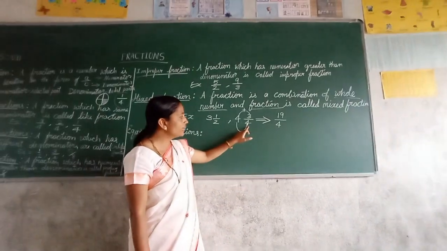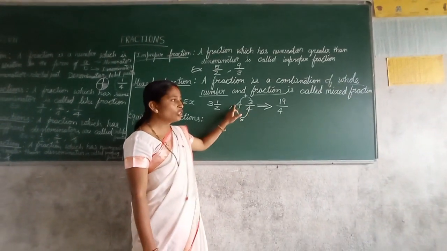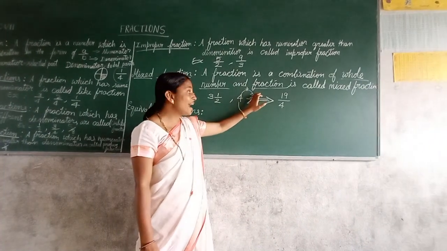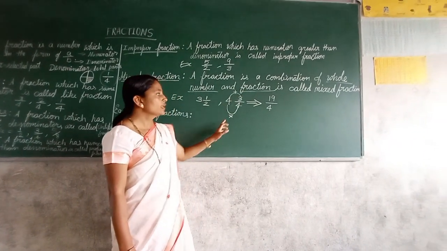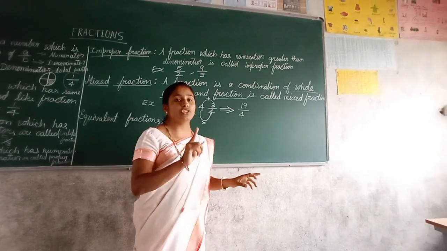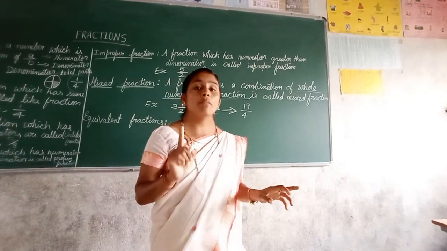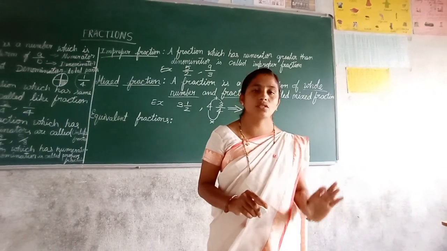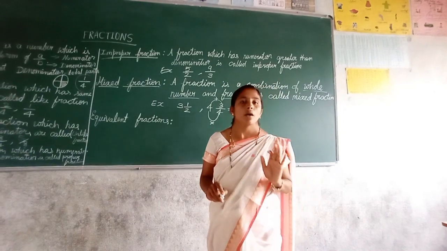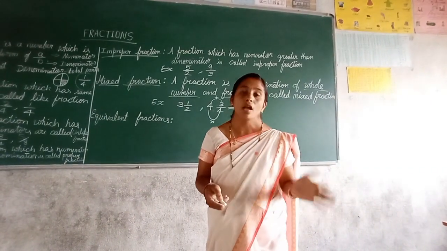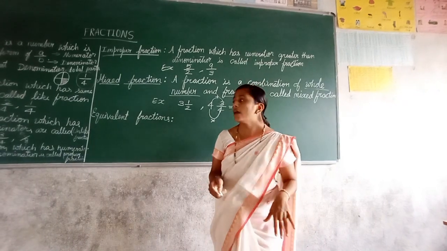You multiply with the whole number, to that product you add the numerator, then you write it, but the denominator never changes. Why will the denominator never change? Because the total number of parts is already fixed. In a different situation it may change, but in the same situation it will be the same.